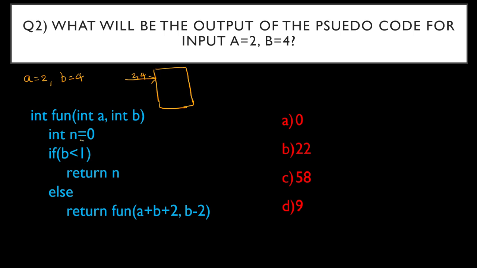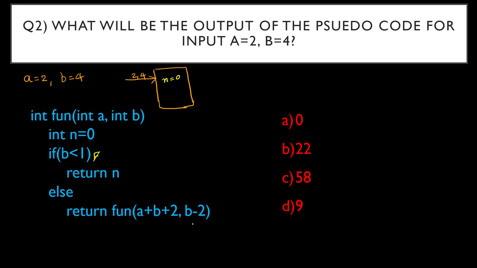Now here we are creating n which is equal to 0, and if B is less than 1, what is the value of B here? 4. So since this condition is false, we are going to return fun of A plus B plus 2 comma B minus 2.